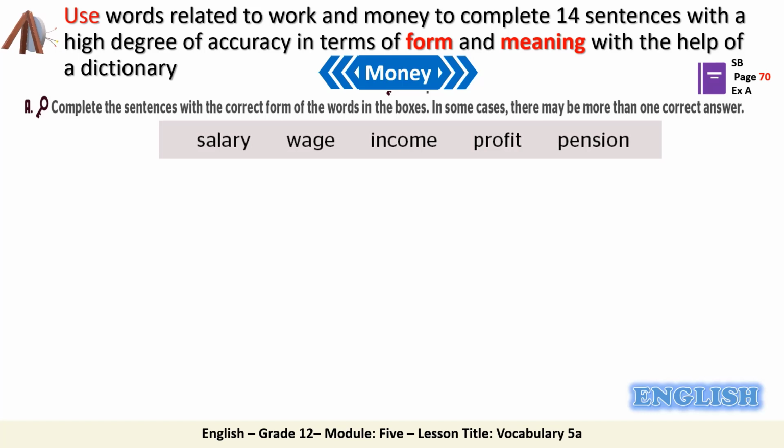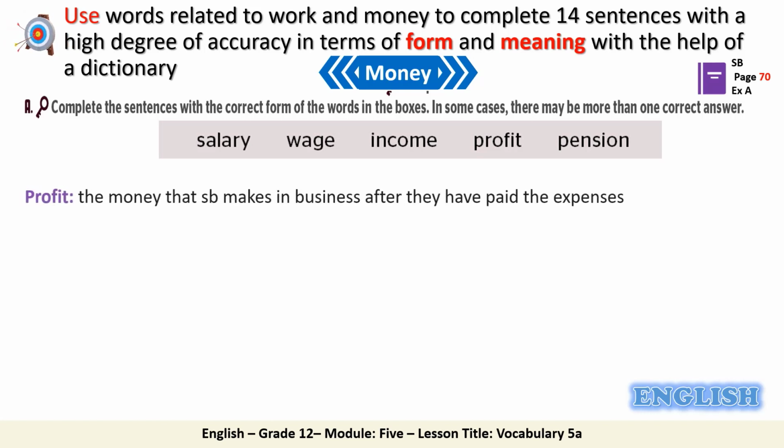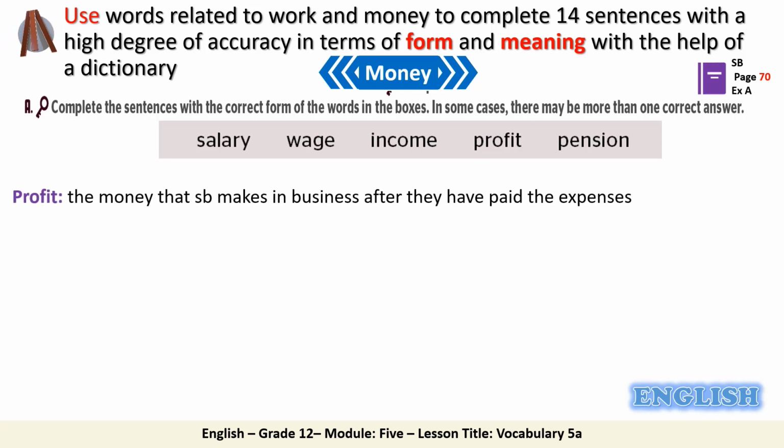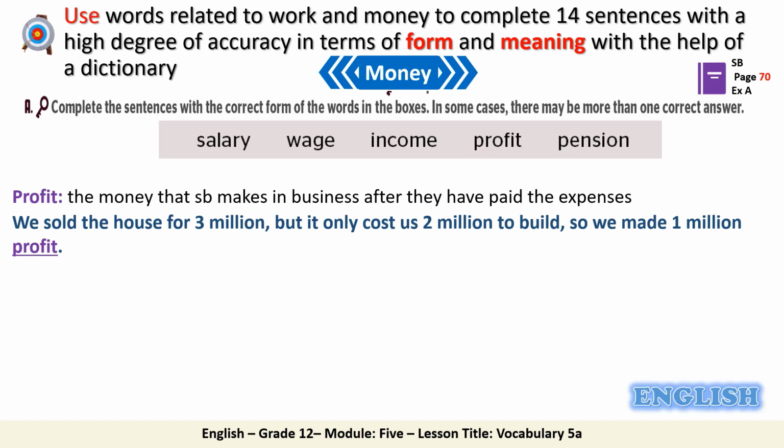We continue with the same vocabulary work. So the word profit has the meaning of the money that somebody makes in business after they have paid the expenses. For example, we sold the house for 3 million, but it only cost us 2 million to build. So we made 1 million profit.